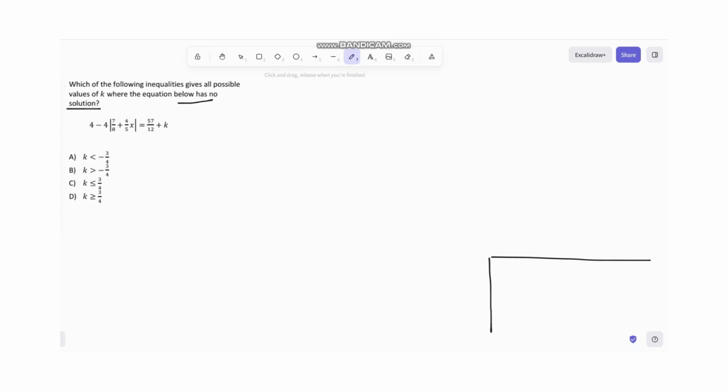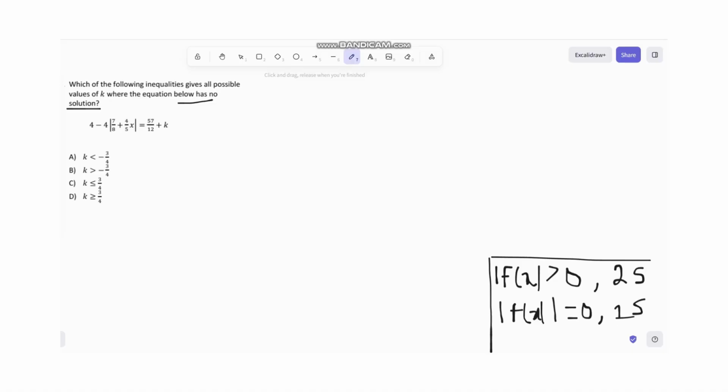If the absolute value of a function is greater than 0, there will be two solutions. Similarly, if the absolute value is equal to 0, there will be only one solution.